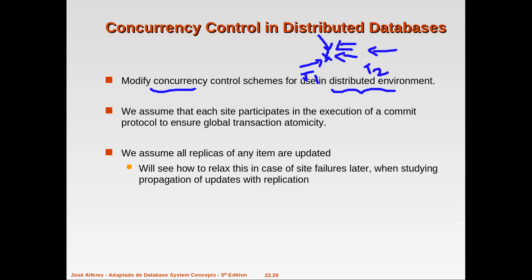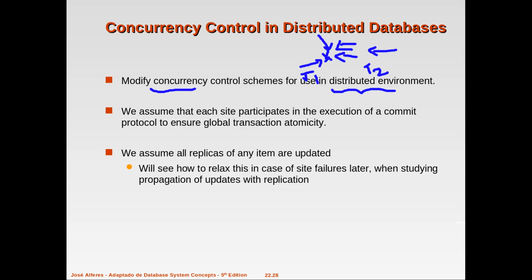The same mechanism is to be maintained in the distributed environment also, but the difficulty is that several sites are participating in the transaction processing, and also there is a situation where the same data item is replicated in several sites.